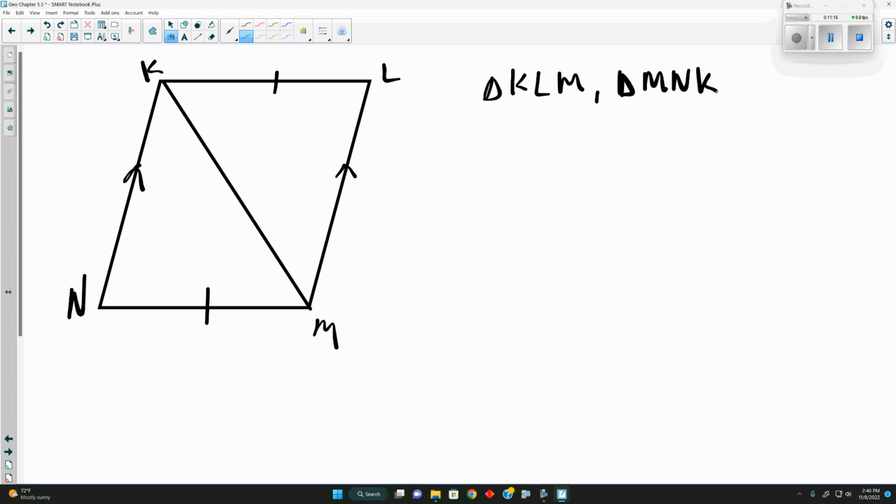Now we do have a set of sides that are congruent. The middle line, KM, is going to be congruent to itself because it is shared in both. Now with this here, because we can think of these two lines as extended out, because our parallel lines are what we're extending out, these two here.